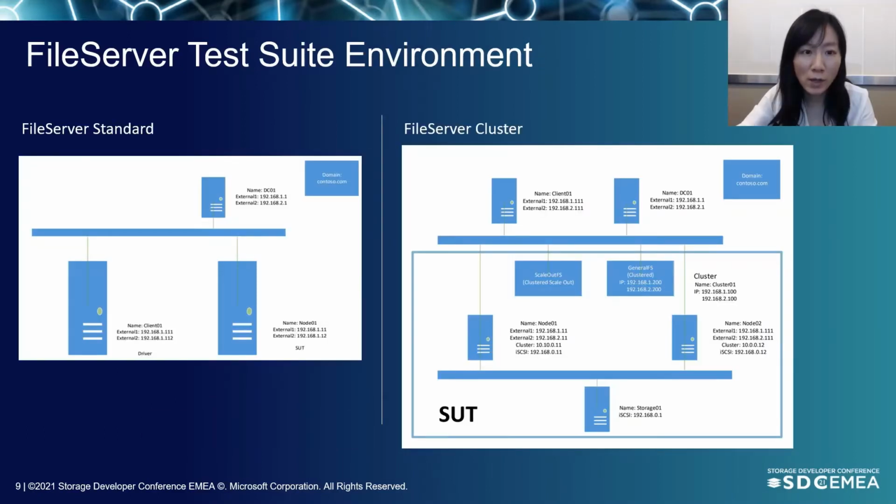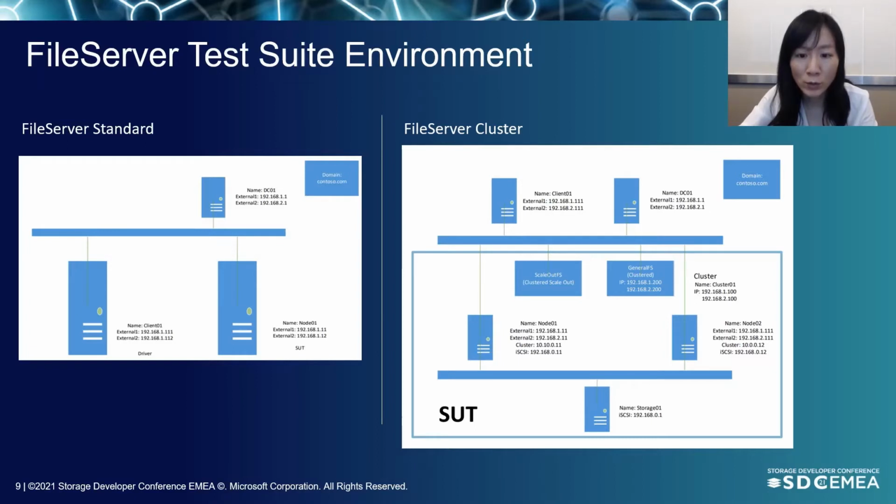Here's the environment for our FileServer Test Suite. We have two types of environment. One is standard, the other is FileServer cluster. For the standard environment, we have a domain controller for our SUT and the driver computer to join the domain. For the FileServer cluster environment, besides the domain controller, we also have several roles and nodes.